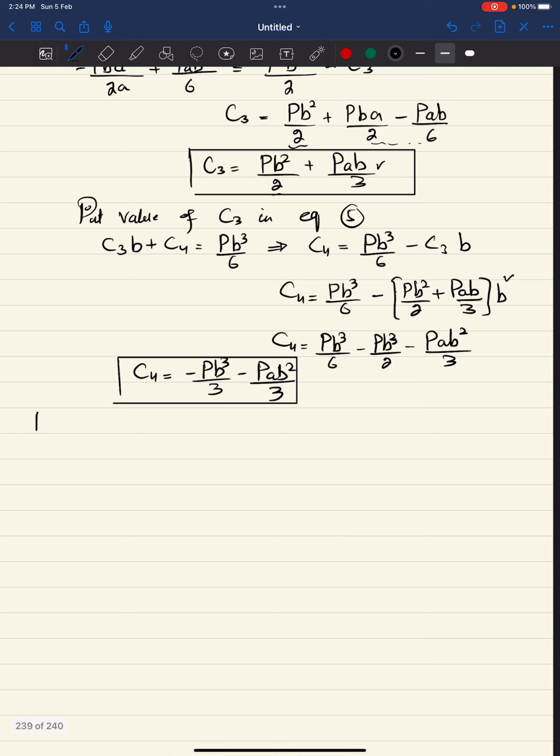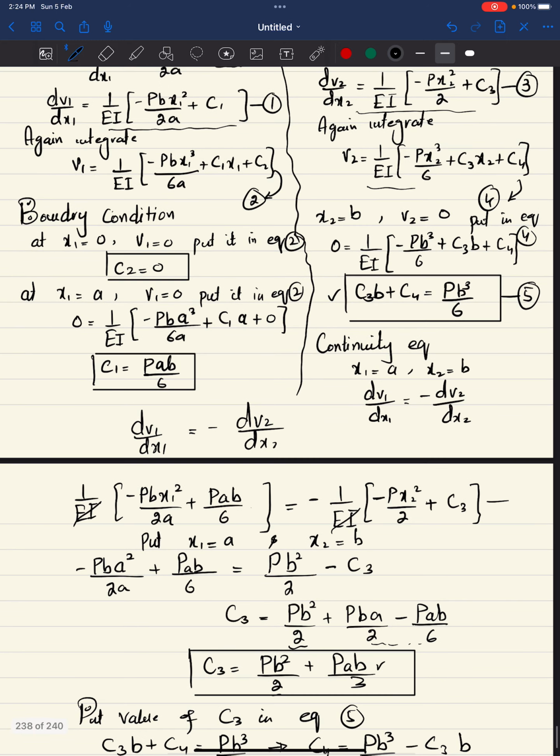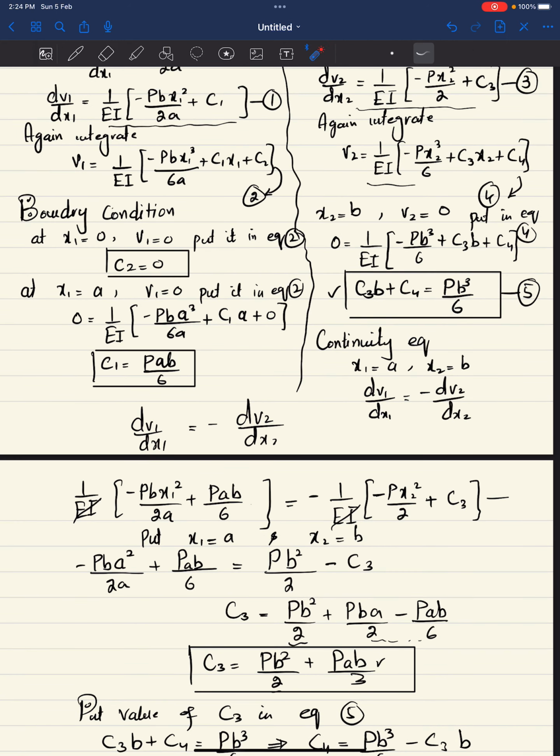So put C1 and C2 in equation number 2. This is equation number 2. You can see this is your equation number 2. So you will get V1 in terms of x1.